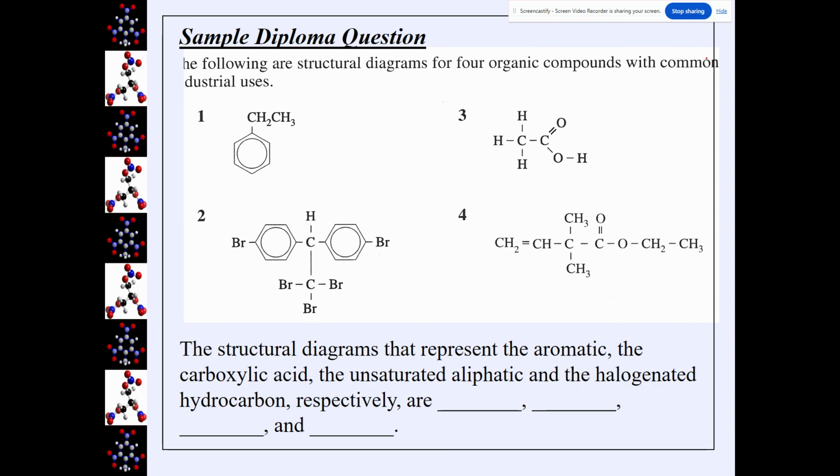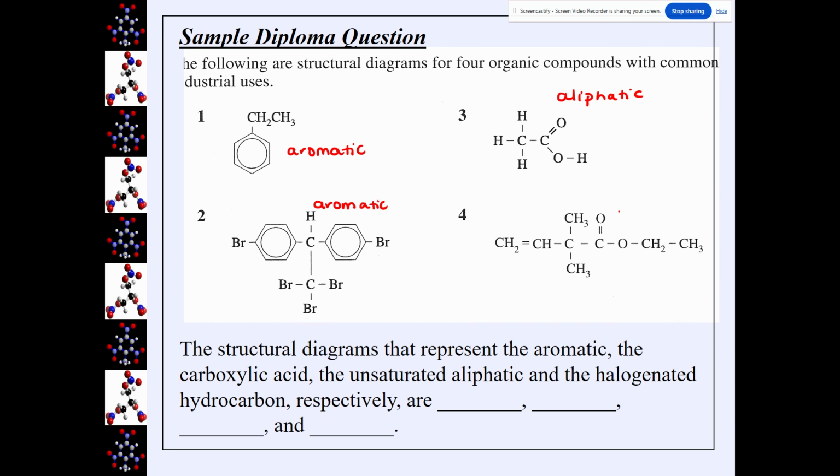First thing you want to do is identify if they are aromatic or aliphatic. If they have a benzene ring, they are aromatic. If they don't, they are aliphatic. Okay? That's your first categorization. So number 2 would also be an aromatic because it has benzene rings.